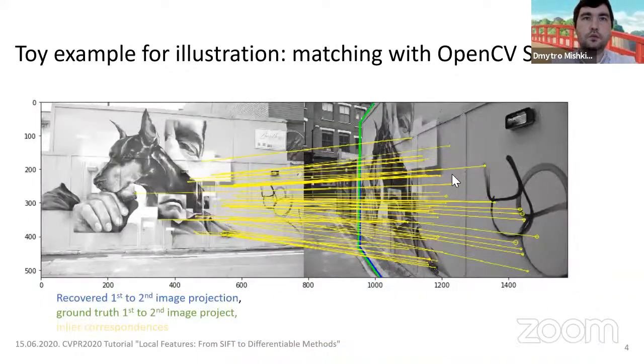And this is what we have as a result. The yellow ones are our correspondences, which are consistent with our estimated homography model, which is the blue one. And the ground truth, the correct one, is green. You can see that they're not exactly correct, but pretty close.